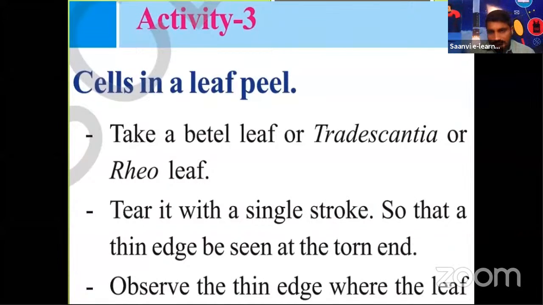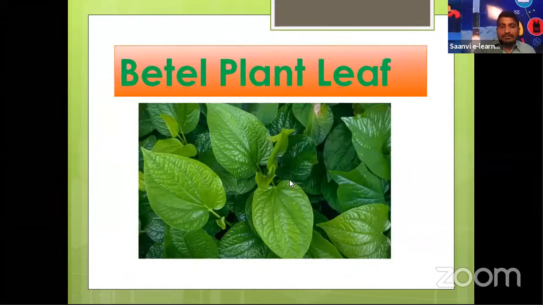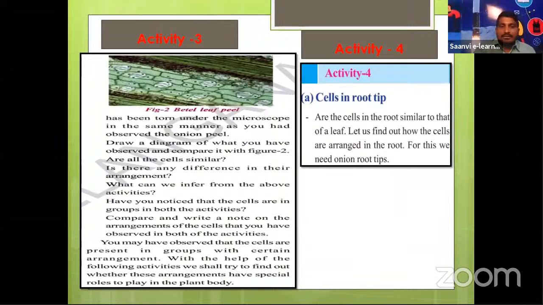Observe the thin edge where the leaf has been torn under the microscope in the same manner as you observed the onion peel.